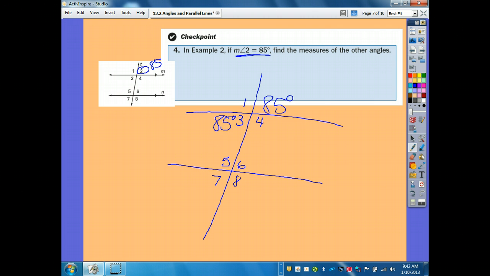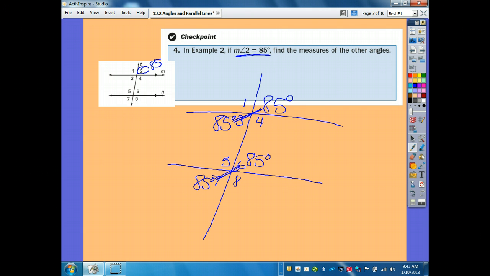Good. Another one. Manny. Number 6 would be 85 degrees. Any more? Which one? 7. 7 would be 85 degrees. These are all vertical, so we know they have to be equal.